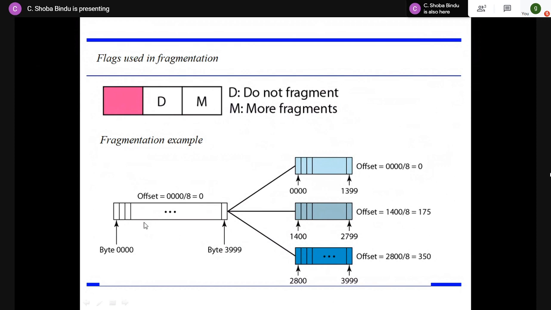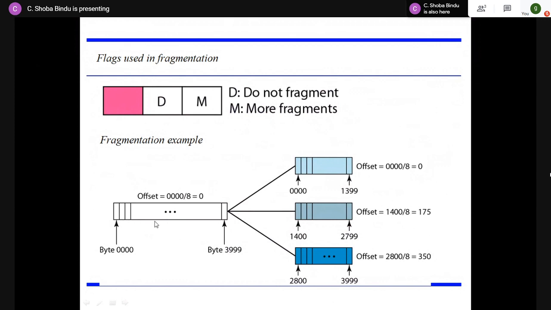So how are you going to specify the offset? When you have divided a large message into a number of fragments, you need to specify the offset. Here you have 4000 bytes, say, starting at byte 0, divided into 1400 bytes each.